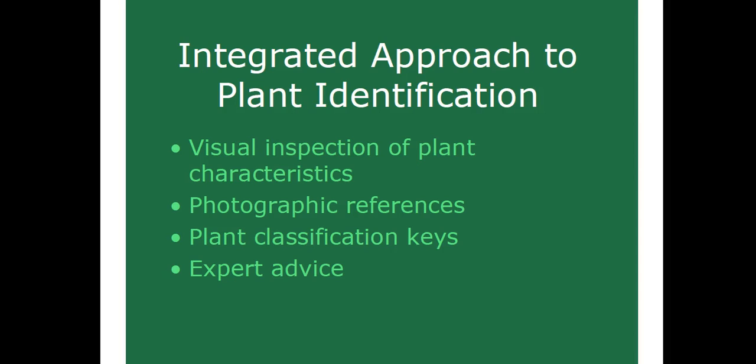We use plant classification keys, these dichotomous keys, that we'll look at some examples of in class. And we also use expert advice, as well as just people that work in the industry.